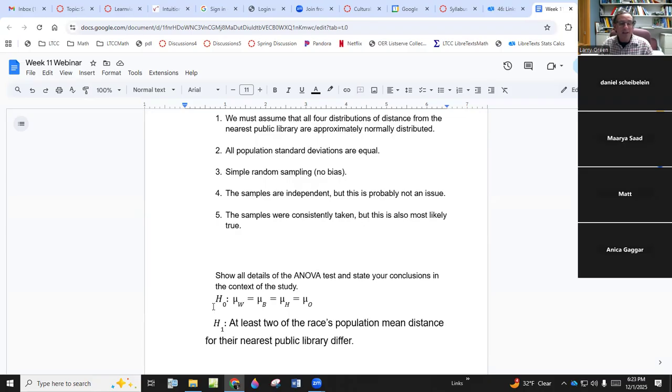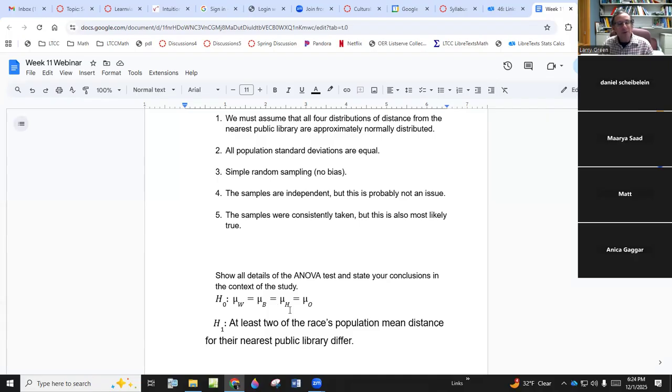So H naught, you do H naught colon. Hopefully you're used to that because that's pretty much all hypothesis tests. And what I'm going to write is mu sub W. That's the population mean distance from the nearest public library that whites live from, is equal to mu sub B. That's the population mean distance from the nearest public library that blacks live from.